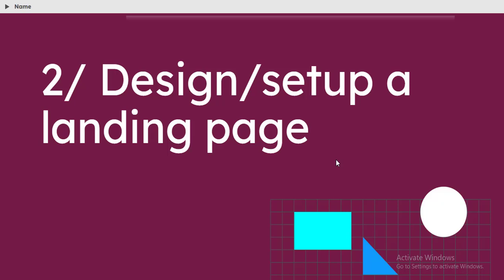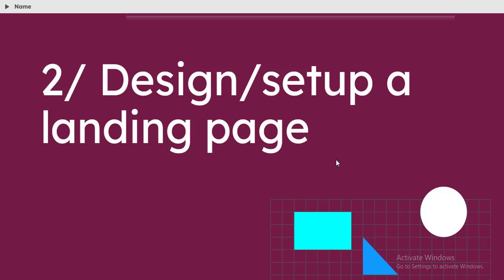There are several ways of doing this. To create a landing page, you don't necessarily have to own a website. You don't have to. As a matter of fact, there are companies that sell this as a product. So what you simply do is you buy a subscription from them for a year or so, and then for every product you want to sell, you simply design a landing page on their website.